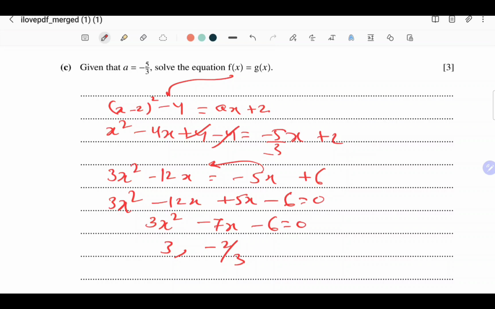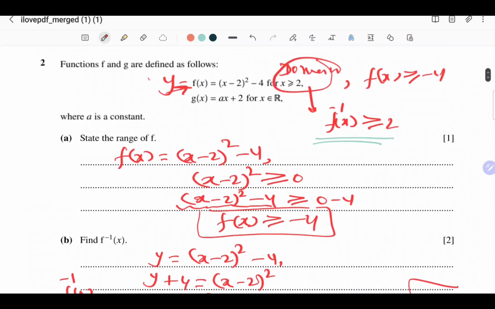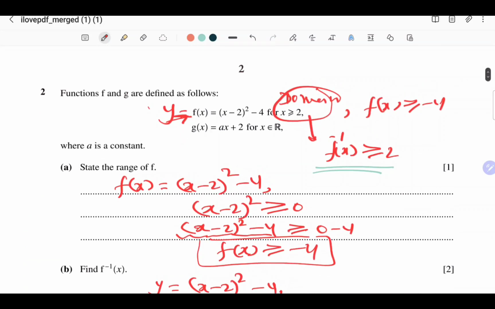Now we have to check whether we can select these two values or not. So this is f(x) and g(x), so we have to go back to our question. For f(x), x is greater than or equal to 2.